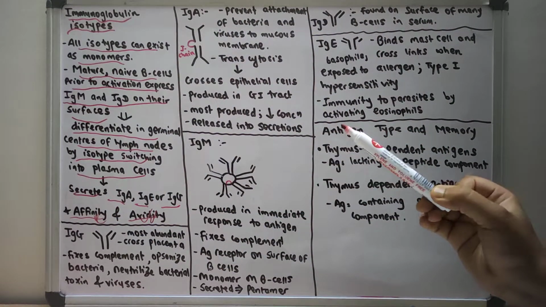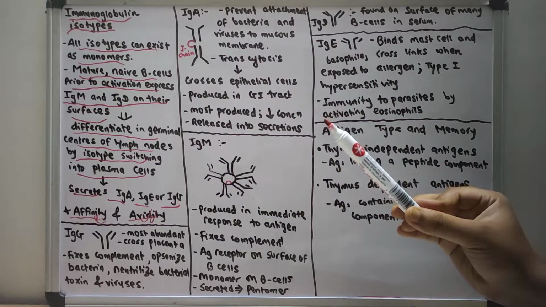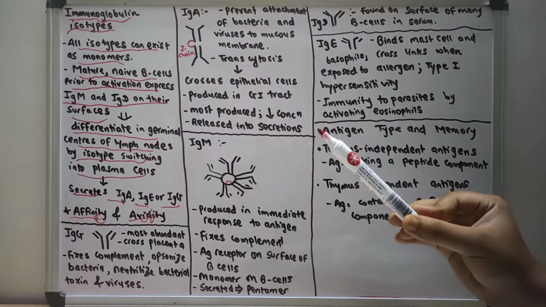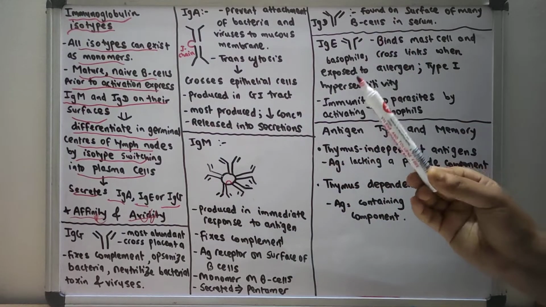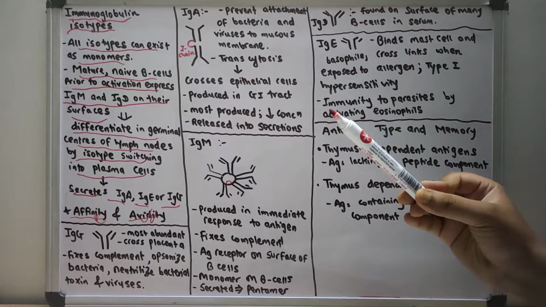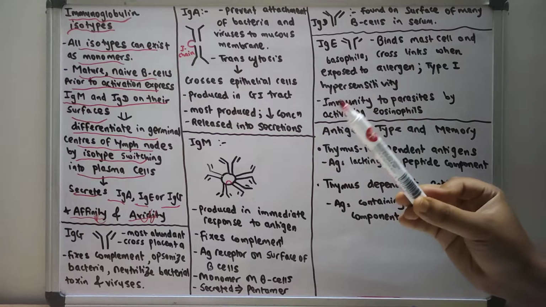Again I am going to repeat. The affinity of the antibody refers to the individual antigen antibody interaction, but the avidity describes the cumulative binding strength of all antibody antigen interactions in the multivalent molecule.